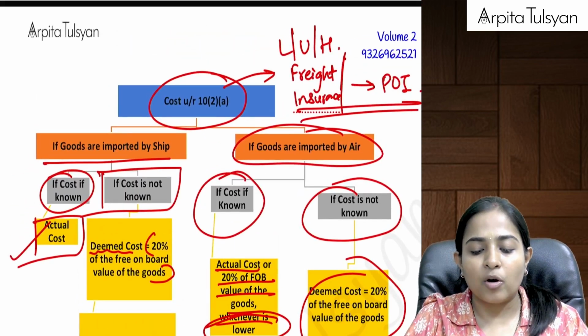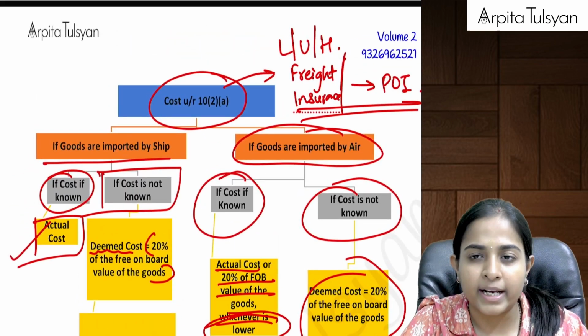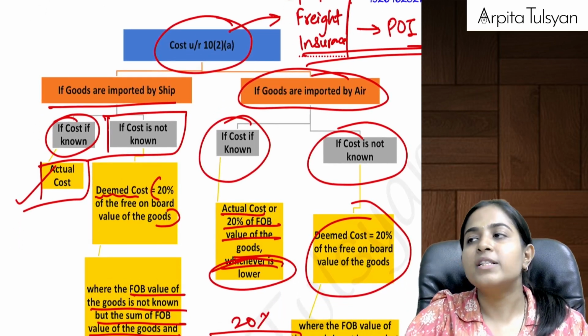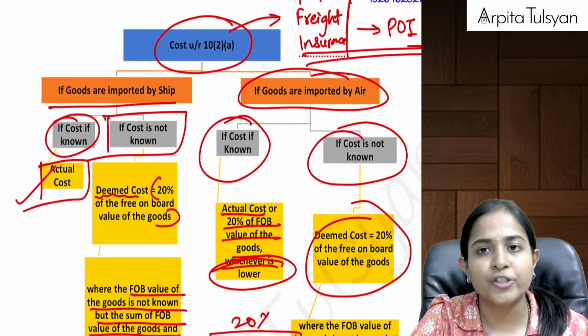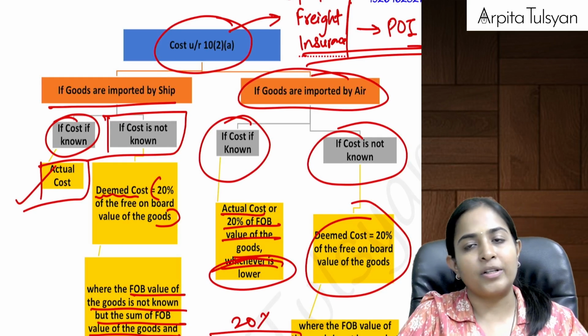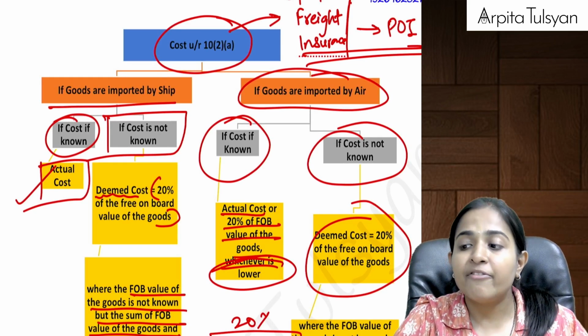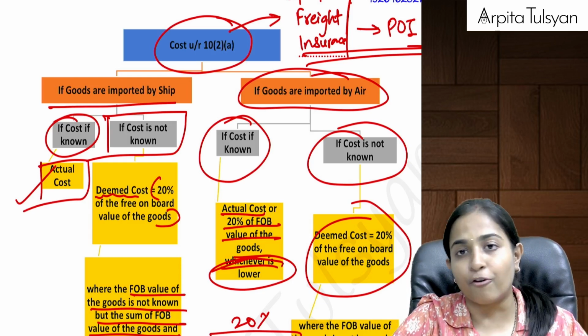Now, coming to the transportation, freight, loading, unloading and handling charges. If your goods are imported by ship, by vessel, and these four costs are known, then take the actual cost, and duty will be levied on that actual cost. If it is not known, then the deemed cost will be 20% of the FOB, free on board value.